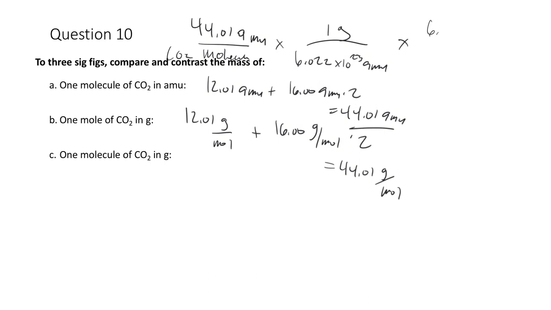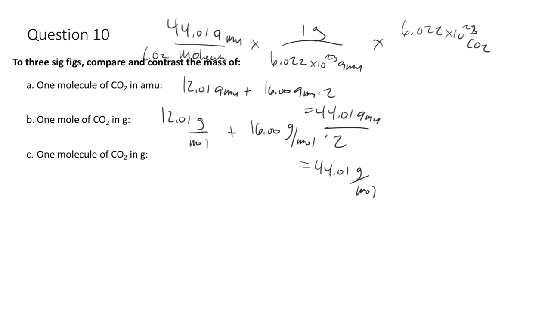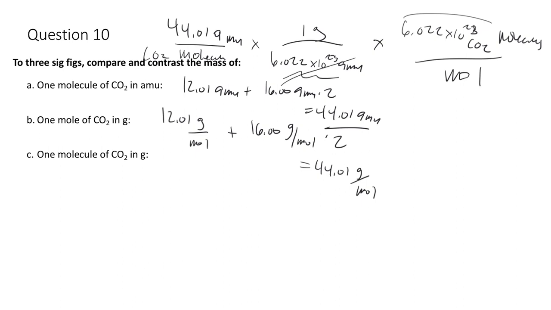And there's 6.022 times 10 to the 23 CO2 molecules in a mole. And so we're dividing by the number, we're multiplying by the same number, so that cancels itself out. And so that's us going from AMU to grams per mole. So that's just another way of seeing how AMU and grams per mole are numerically equivalent for any given substance.